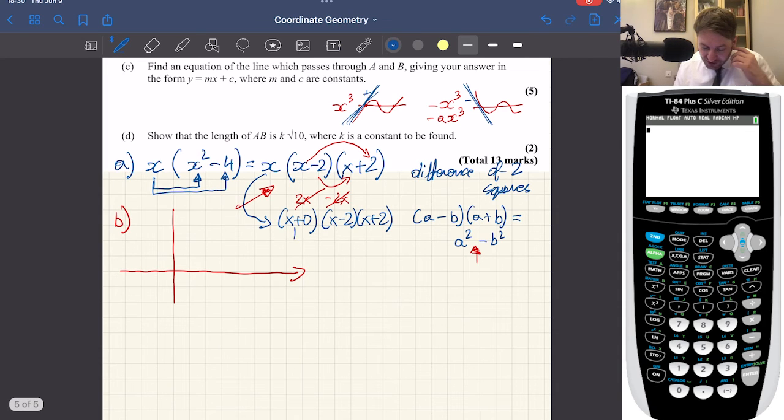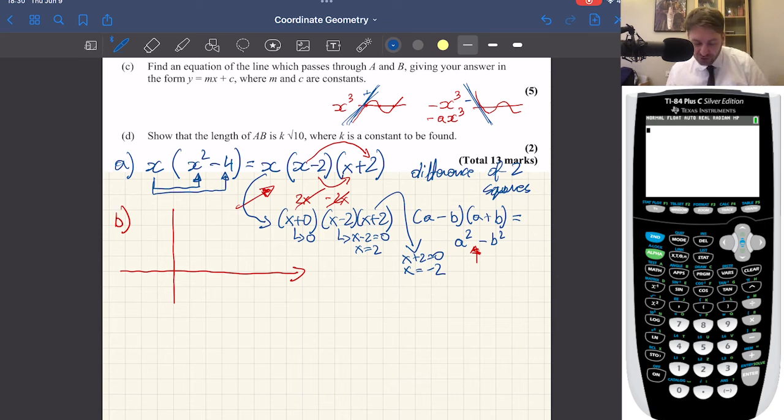So this gives you a solution of 0. This gives you a solution of x equals 2, and that one gives you a solution of x equals minus 2, because you're asking when the value of this is going to be 0. If I replace this with 0, everything is going to be 0.